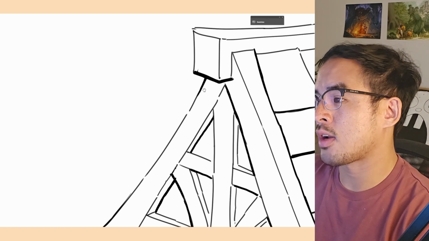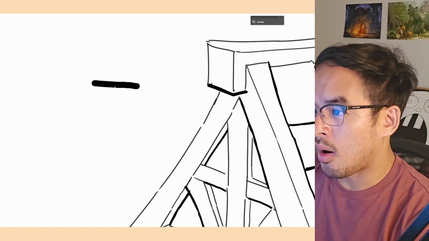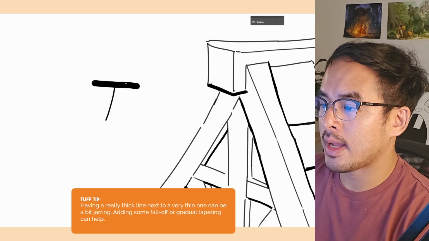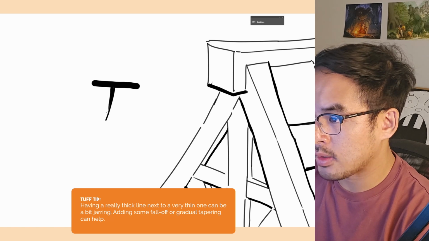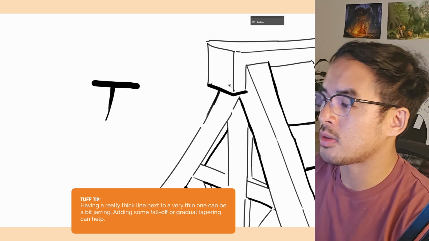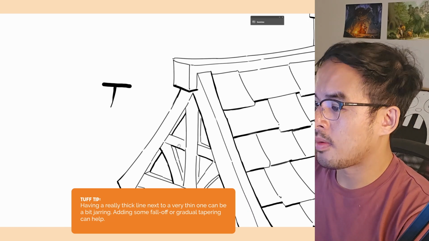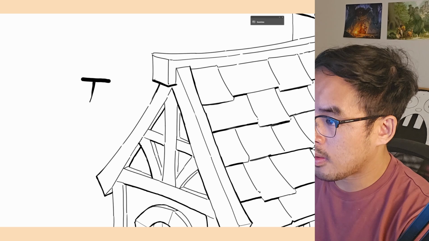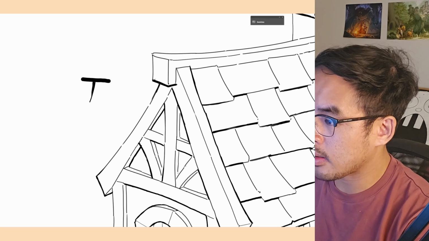Just to create a bit of that transition. Because right now there's such a big obvious difference between this line and here, but to make it feel a bit more gentle, I'm gonna cause it to taper off a little bit before it goes into something really thin. So even just something like that can help. Oh, and here, just to distinguish itself from the one in the back.